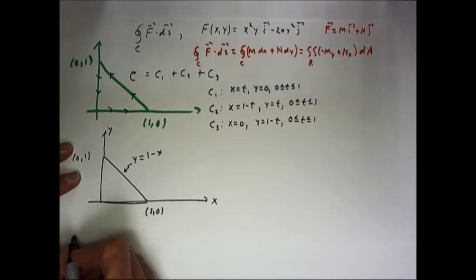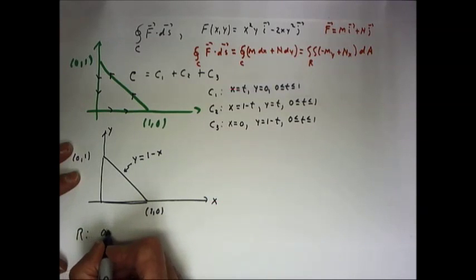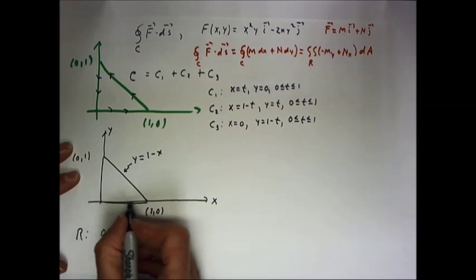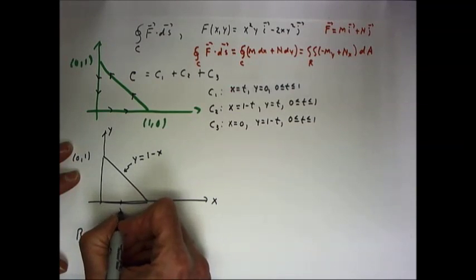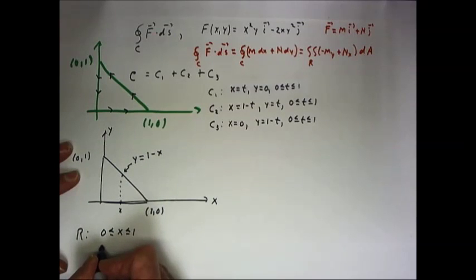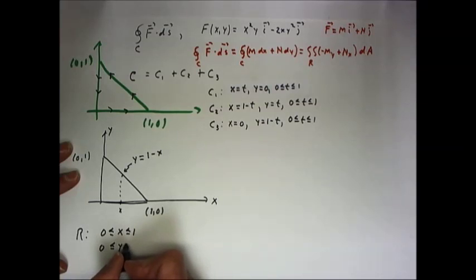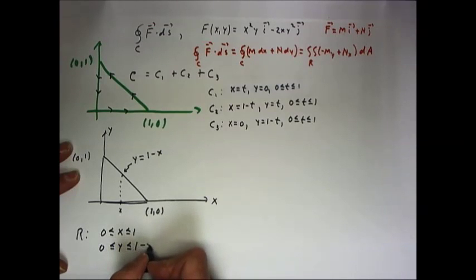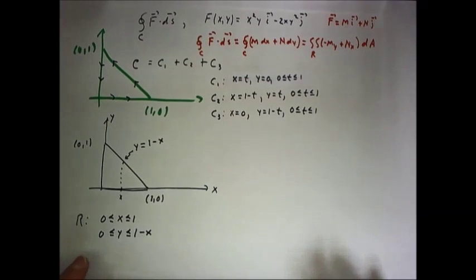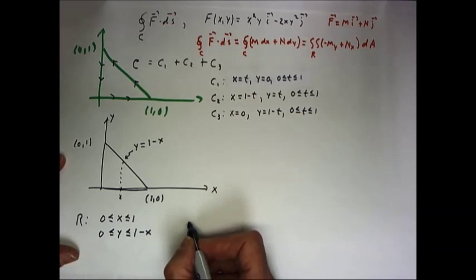So the region can be described as the region R, where 0 is less than or equal to x, less than or equal to 1, x running from 0 to 1, and for given x, y runs from 0 to 1 minus x.